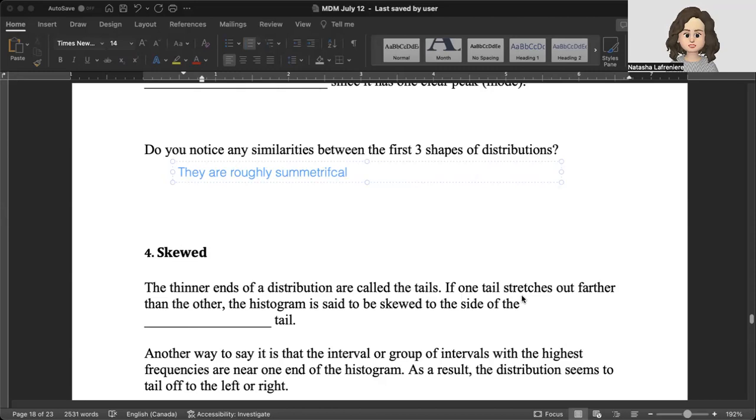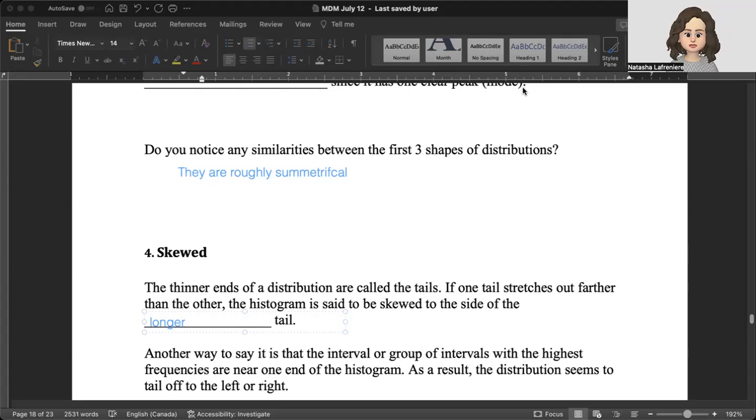If one tail stretches out farther than the other, the histogram is said to be skewed to the side of the longer tail. Another way to say it is that the interval or group of intervals with the highest frequencies are near one end of the histogram. As a result, the distribution seems to tail off to the left or right.